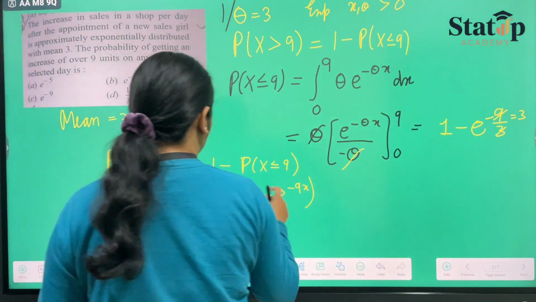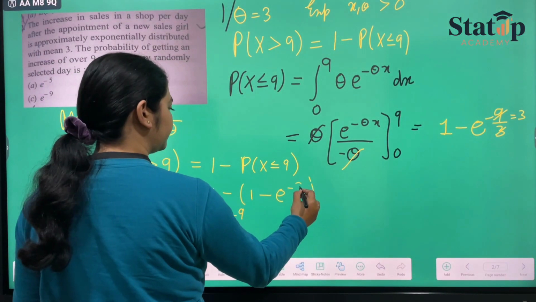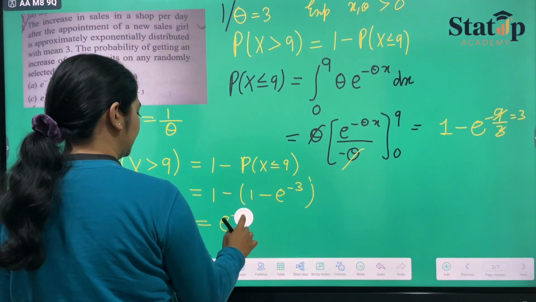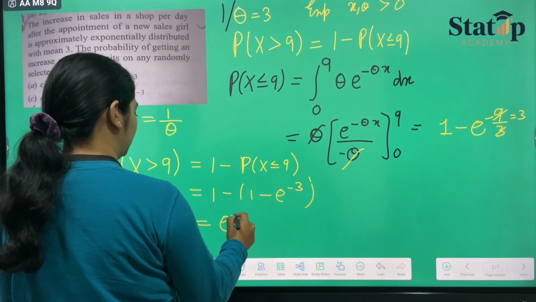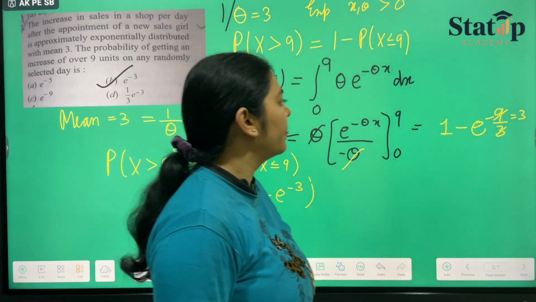So if we put it in, we get e raised to the power minus 3 as our answer, which forms our option B.